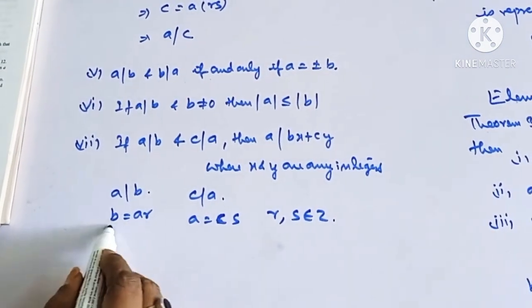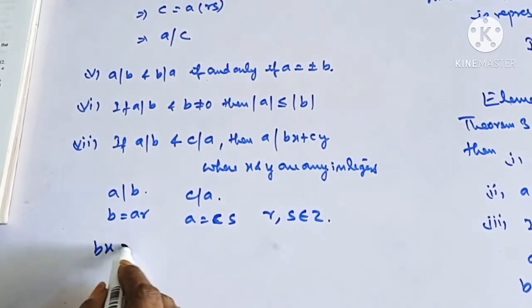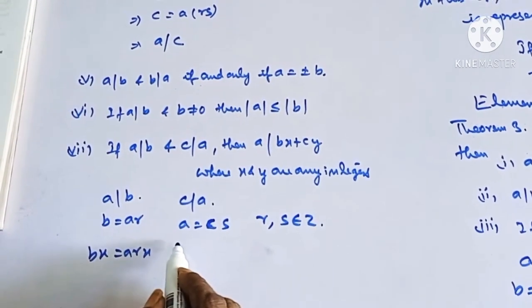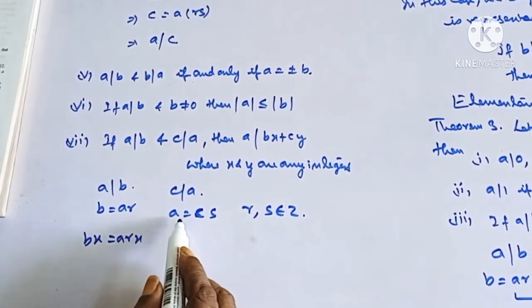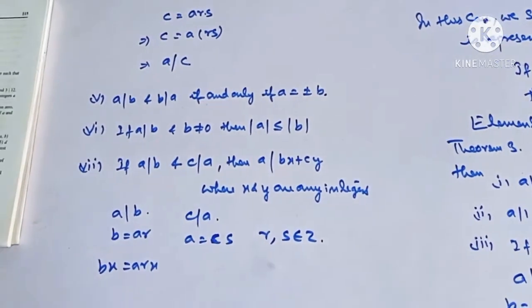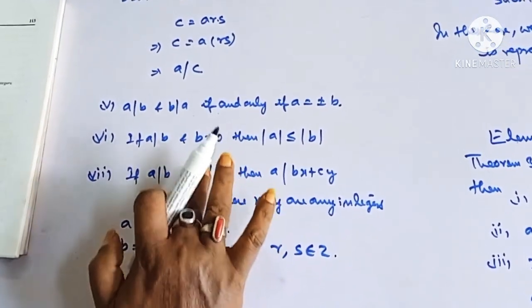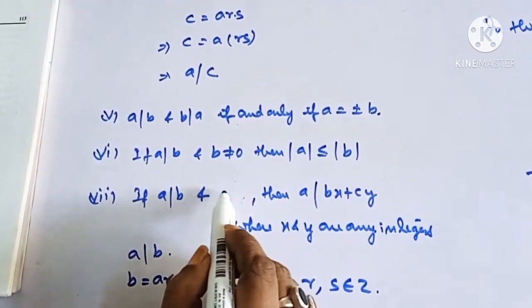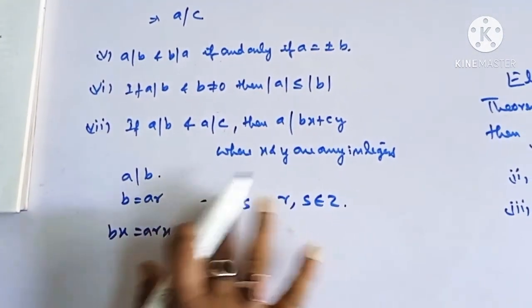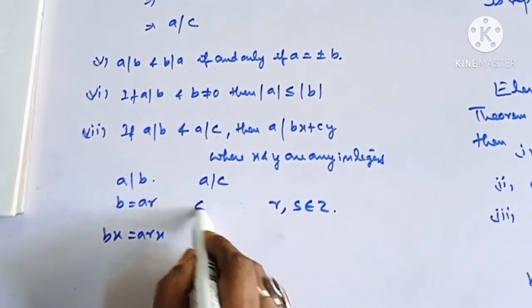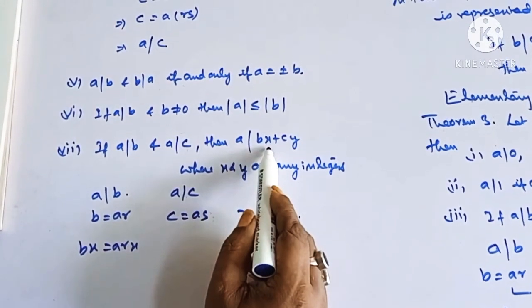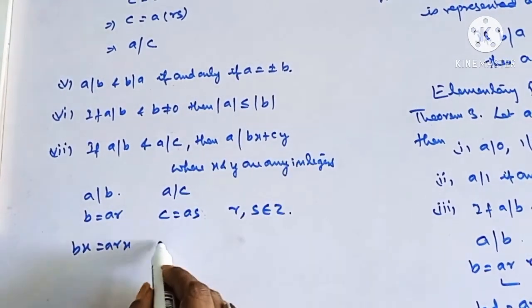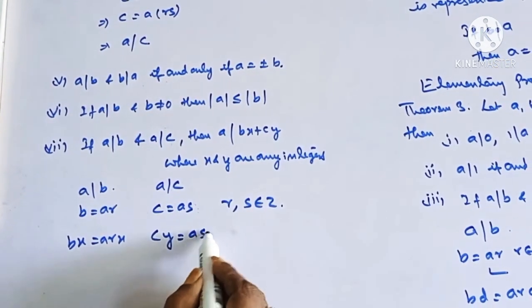Now here we multiply this both sides by x: bx is equal to arx, and this both sides by y: cy is equal to asy.